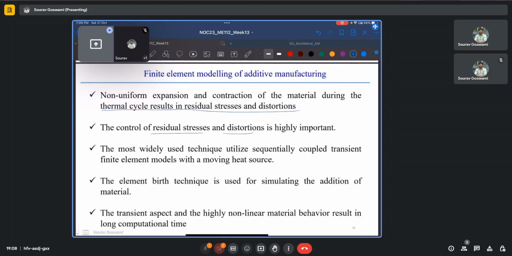Some of the most commonly used techniques have sequential coupling between transient finite element models and a moving heat source. The element birth technique, or element activation technique, is used for simulating the addition of material. The transient aspect and the highly nonlinear material behavior result in long computational time and high computational cost.